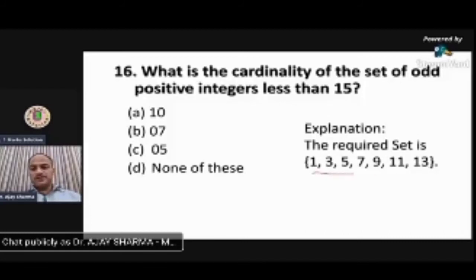But students generally write these elements hurriedly, and that is not required here. Cardinality means we have to write the number of elements in this set. How many elements are here? 3 and 3 is 6, and 1 is 7. So there are 7 elements, so we can say option B is correct.